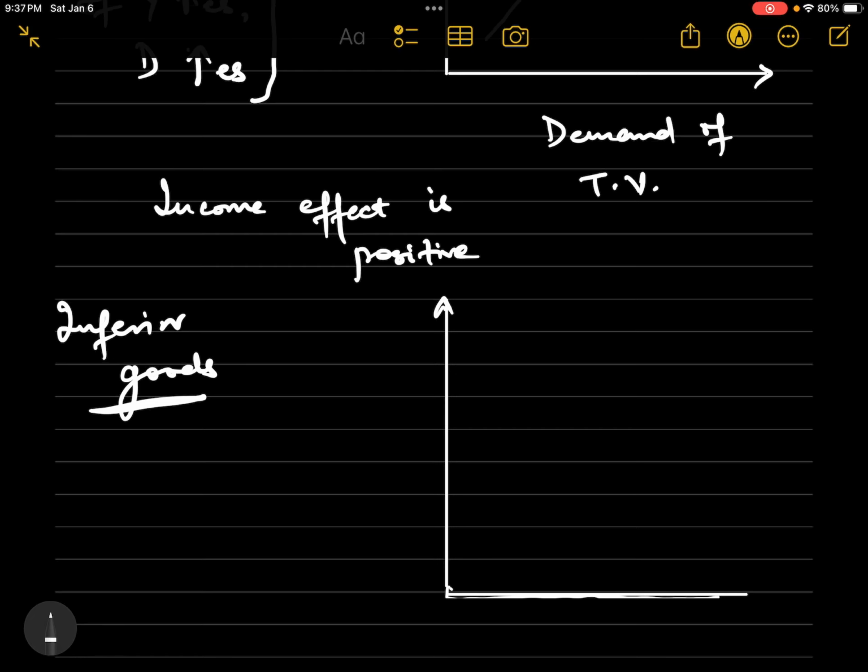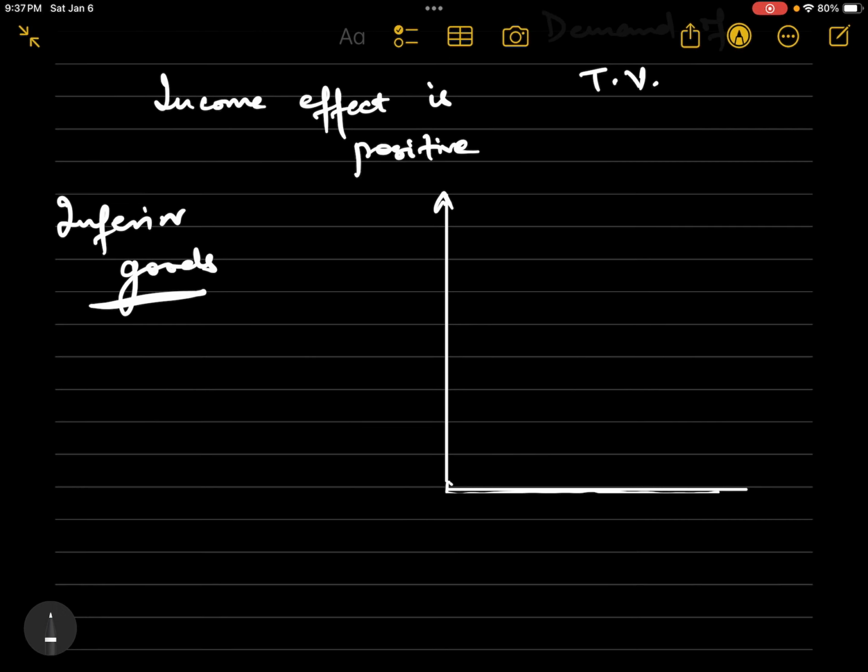For example, if the income of a consumer rises, he may prefer to travel by his own car instead of using public transport. So what will happen? The bus transport facility demand will go down.